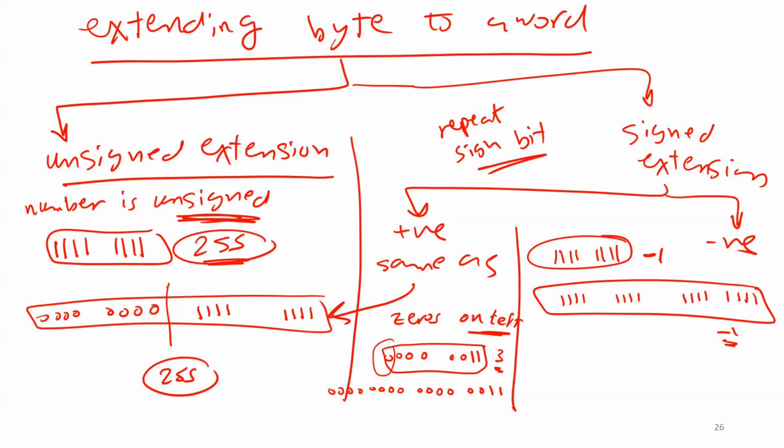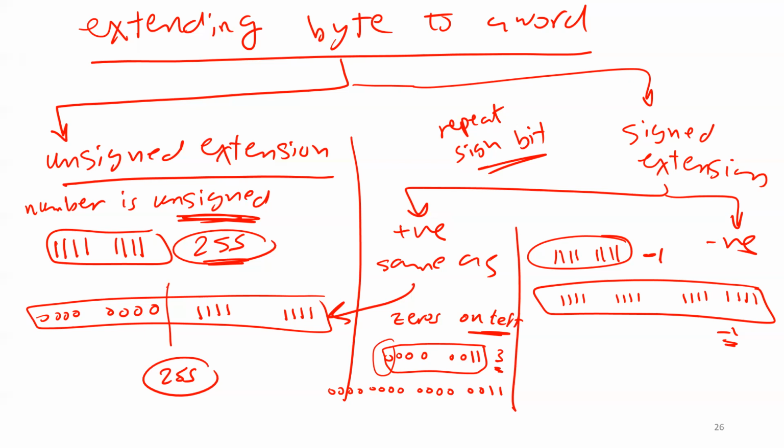So the question is, do I need to do the extension by myself? No, usually using instructions. Some instructions are going to do signed extension, some instructions are going to do unsigned extension. I started with transfer. Transfer is going to do signed extension. We have another instruction, exchange, which is going to do unsigned extension.